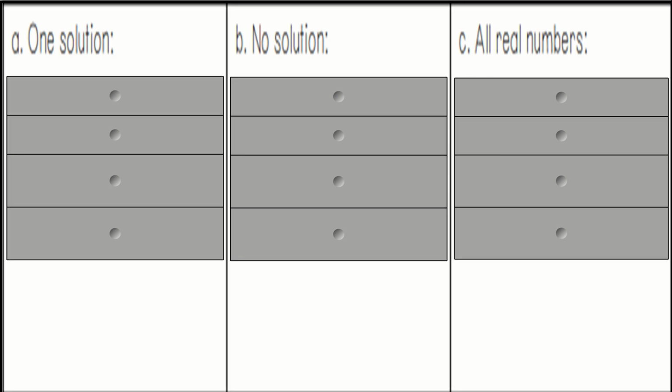So let's copy this stuff down. When we have one solution, there is one answer. A number works.